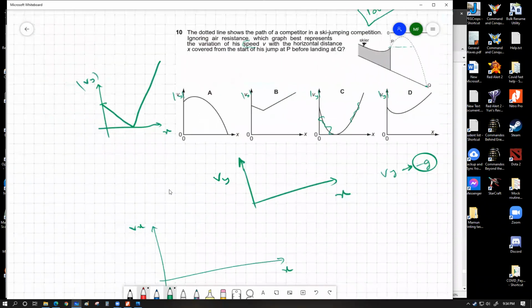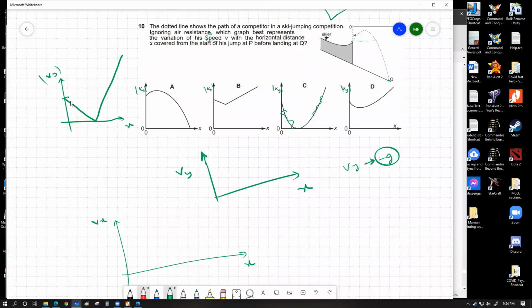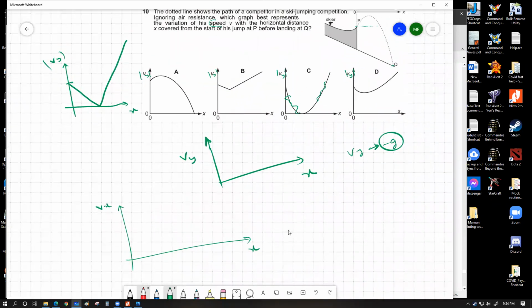Then we discussed that if we plot the magnitude of the vertical component of velocity with respect to x, there should be straight lines of equal gradient magnitude, starting from a small value, becoming 0, and then eventually becoming positive and going up. The part we are currently at is: if we plot vx versus x, how would this graph look?